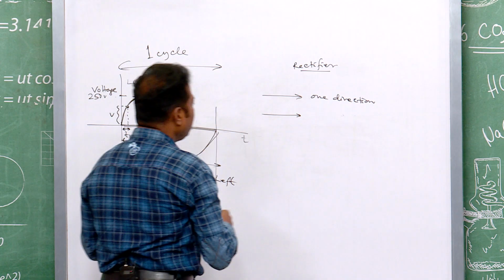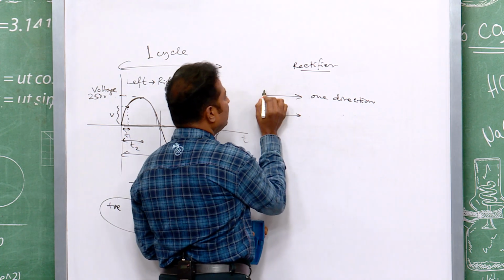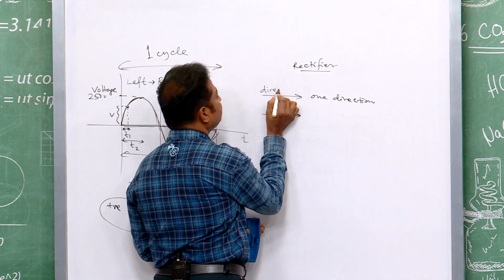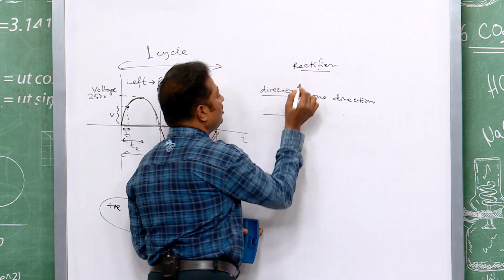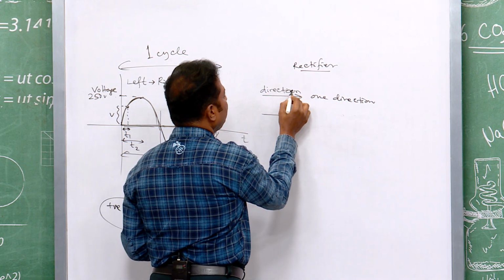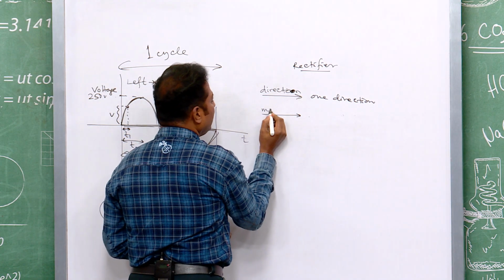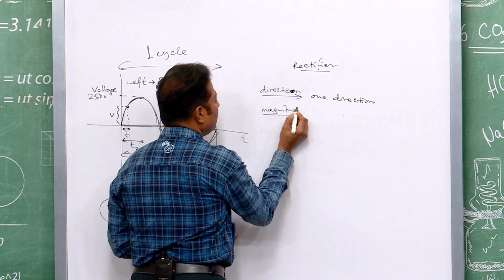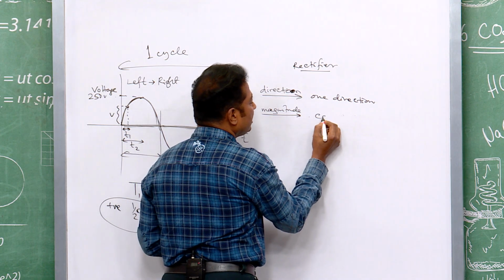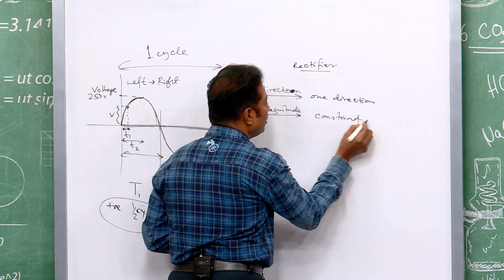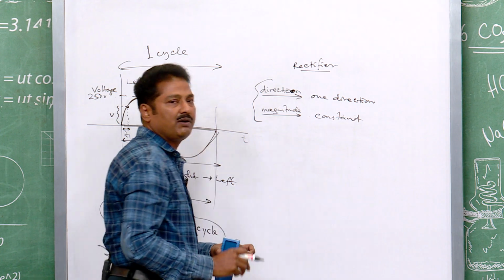But in direct current, this is the direction. In a rectifier, we have to make the direction unidirectional. In a rectifier, we have to change the magnitude to a constant magnitude. So, these are the jobs of our rectifier.